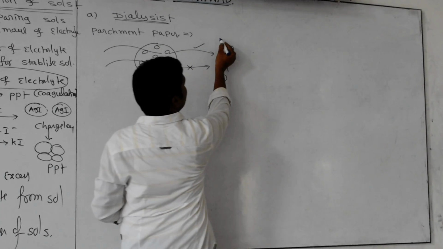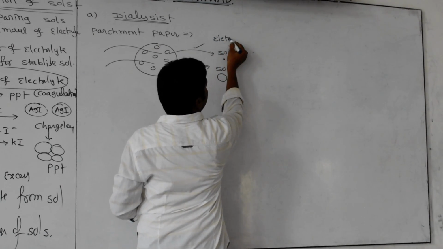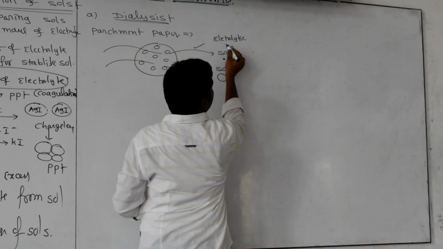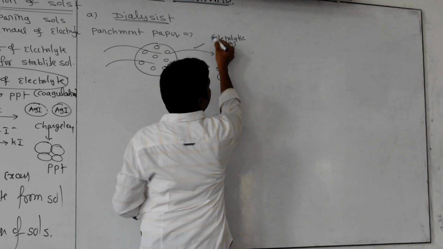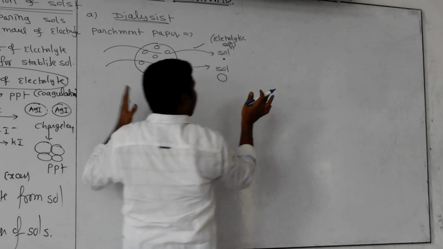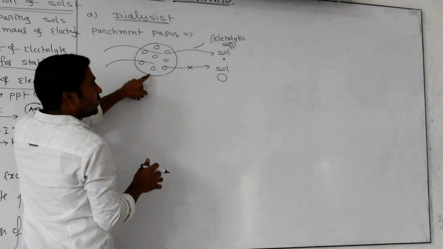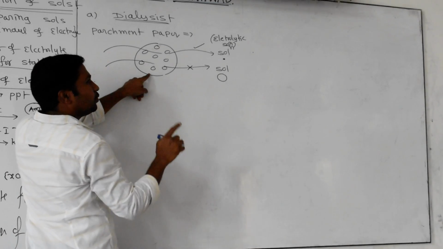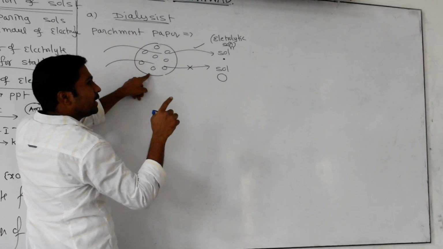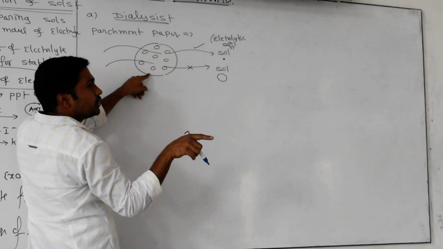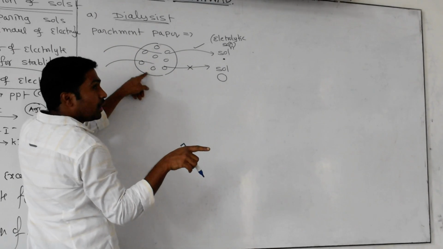An electrolytic solution. Electrolytic particles only we are removing, no? That's why I will explain now. Did you get the main concept here? Yes. Through the parchment paper, only the solution particle or electrolyte particle will pass through the holes of the parchment paper, but not the colloidal particle.